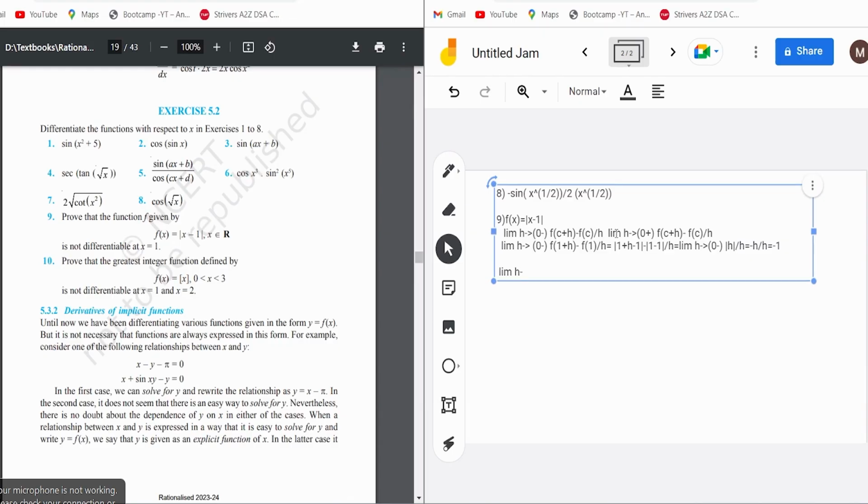Limit of h tending to 0 plus f of 1 plus h minus f of 1 divided by h.